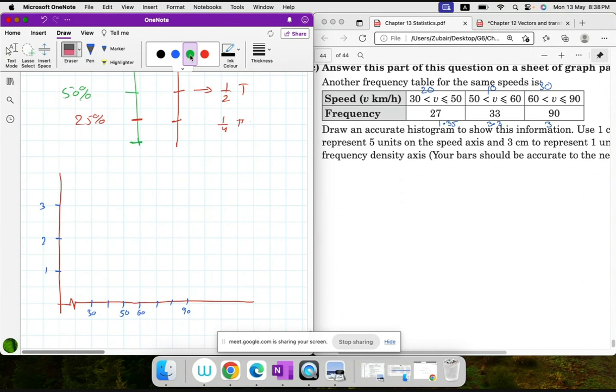Cover almost 2 by 3 of your page. First height is 1.35, and from 30 to 50.